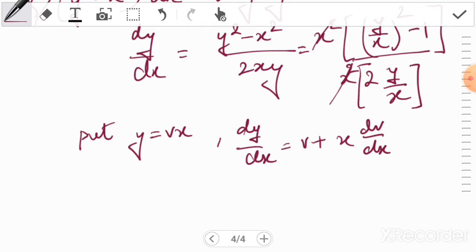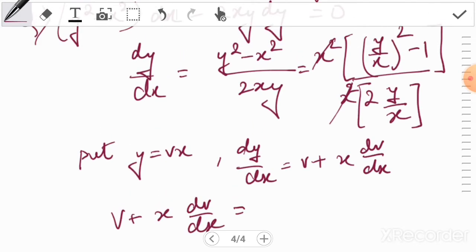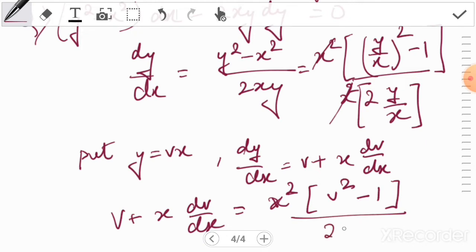So now the equation becomes v plus x dv by dx is equal to (v square x square minus x square) by 2vx square. Taking x square common and cancelling, we have (v square minus 1) by 2v.